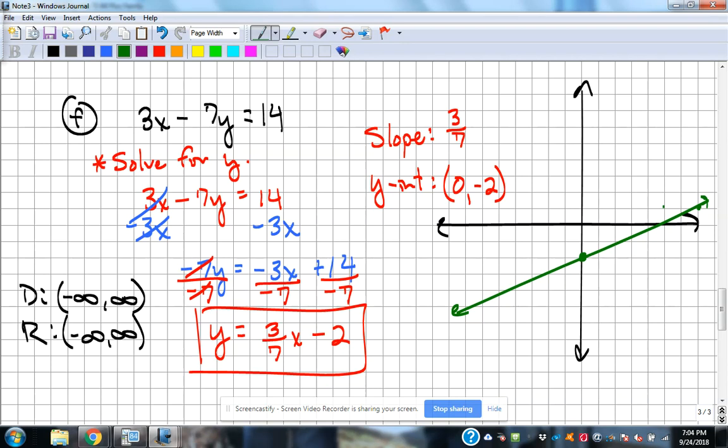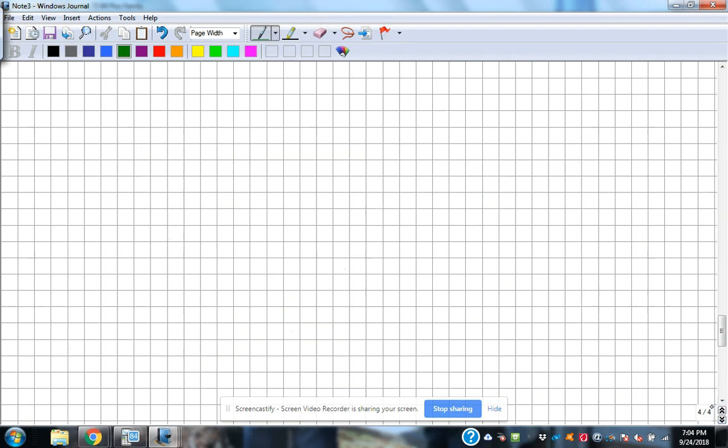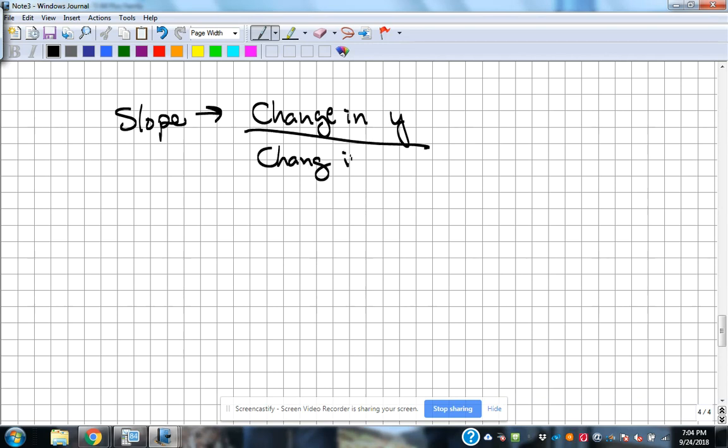Let's look at calculating slope. Not finding it from an equation, but calculating it from two ordered pairs. Slope is change in y over change in x.